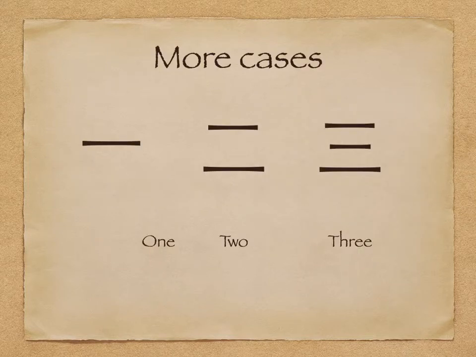Okay, now let's look at some examples. The three characters here are 1, 2, 3 in Chinese. So you can see that you are basically drawing strokes when you are writing them. 1 is just drawing 1 stroke. 2 is just drawing 2 strokes. 3 is just drawing 3 strokes.